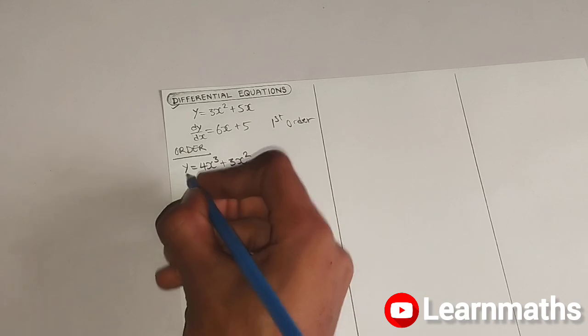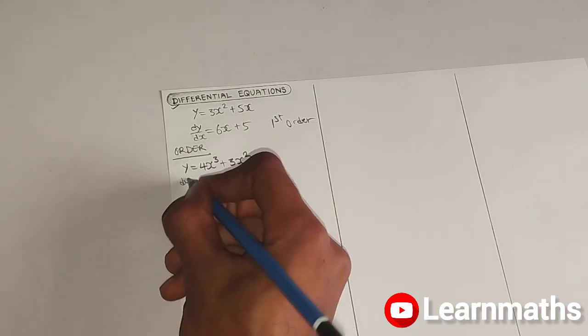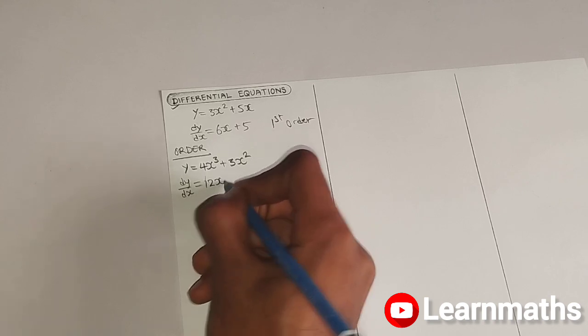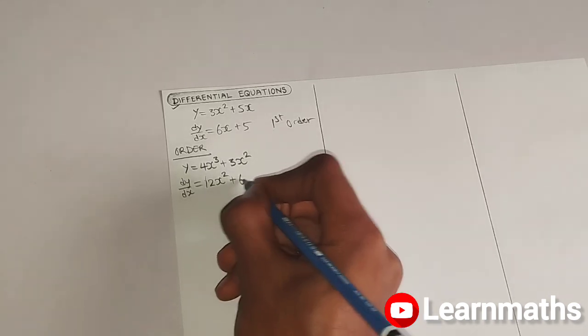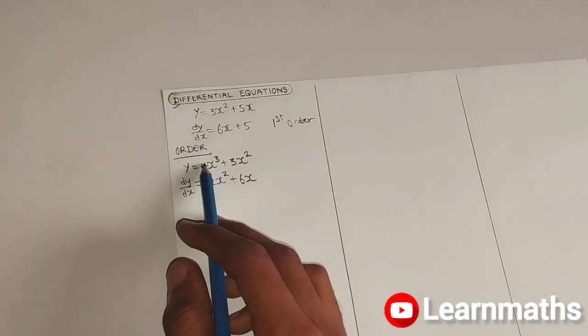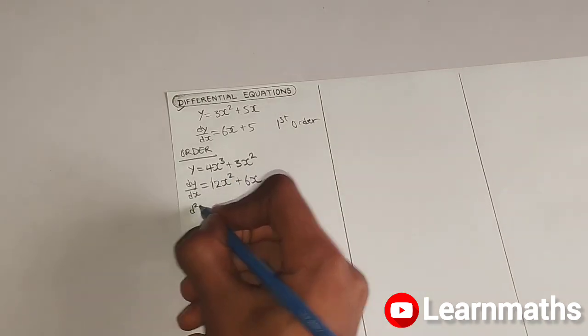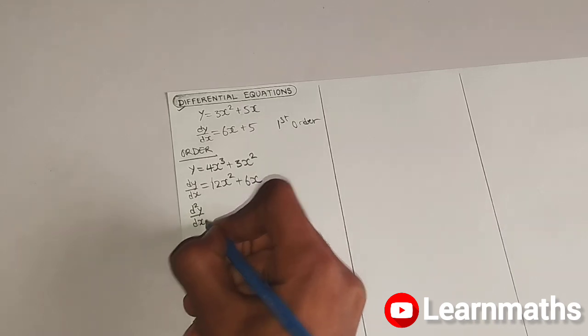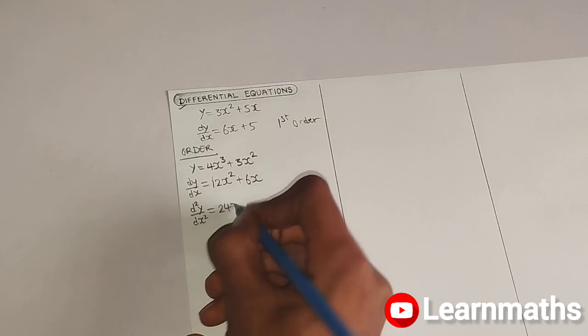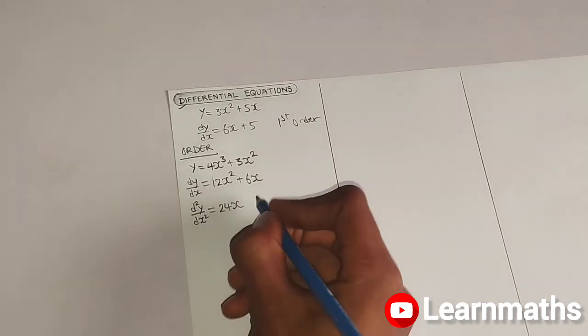Now if I'm to differentiate this the first time, that's dy dx, I'm going to get 12x squared plus 6x. Now this is the first order differential of this function. I can go further to get the second order of this. That's going to be 24x plus 6.